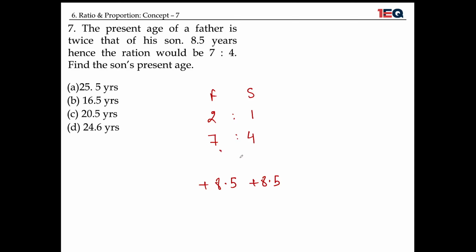So 7 and this would get cross multiplied, this and this would get cross multiplied. Whatever is at the top would become the denominator, whatever is at the bottom would become the numerator. Okay, so 2 fours are 8 and 7 ones are 7. So 8 minus 7 would become the denominator.